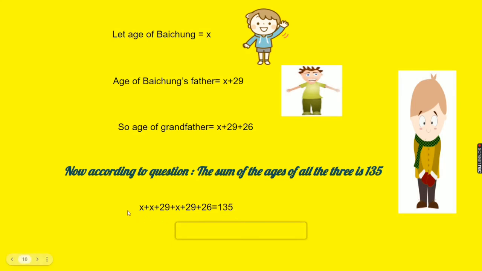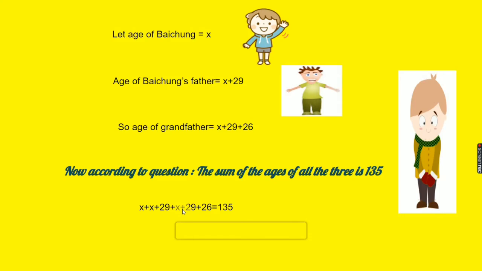Now we would add the variables and we would add the constants. x plus x plus x, it would become 3x, and 29 plus 29 plus 26, it is equal to 84. So we got 3x plus 84 is equal to 135.